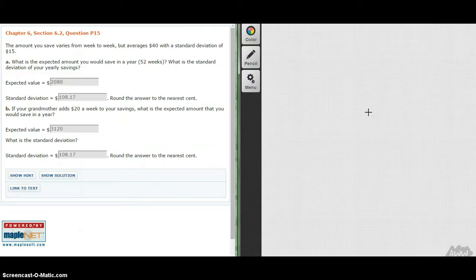So what's the expected amount we would save in 52 weeks? Well, the mean, the expected value of each one, we can simply add expected values. So the expected value of week 1 equals $40.